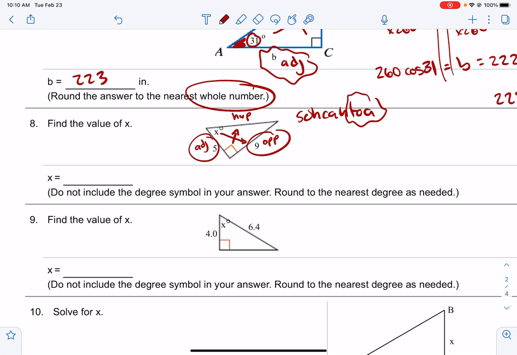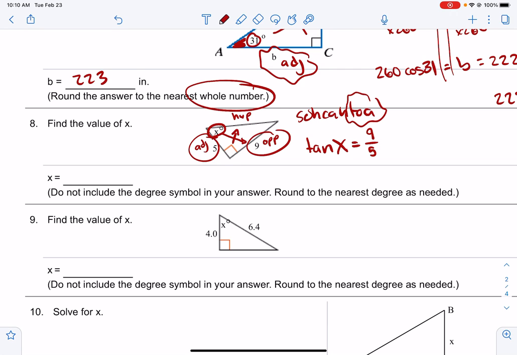So when I write my trig ratio, it's the tangent, and we need to put an angle after tangent, but I don't know the angle. It's X, so that's where my X goes. So tangent X equals, SOH CAH TOA tells me to put opposite on top, adjacent on the bottom. So I get 9 over 5.